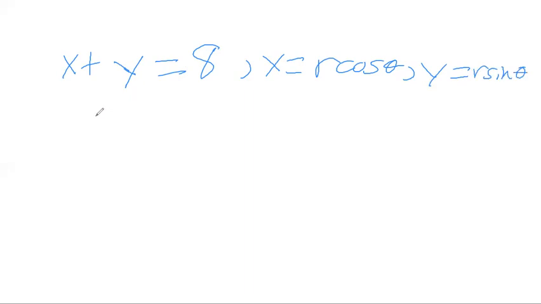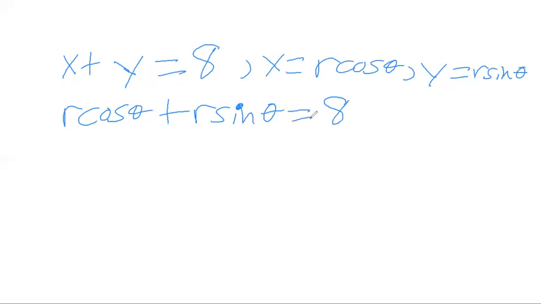So I want to take this equation, x plus y equals 8, convert it from rectangular or Cartesian coordinates to polar coordinates. What is x here? R cosine theta plus r sine theta equals 8.